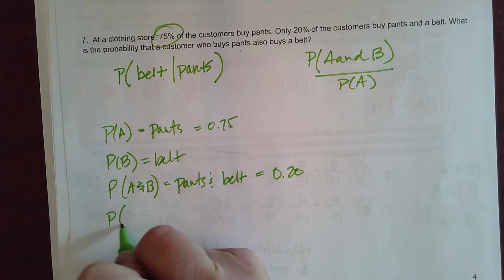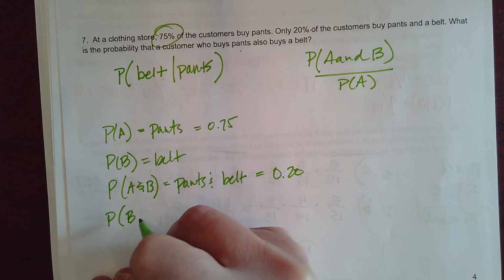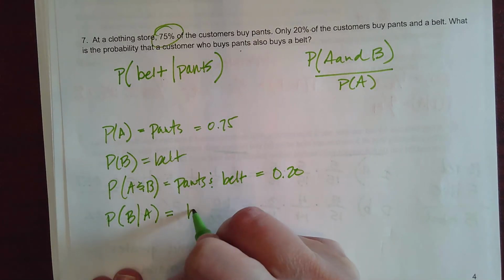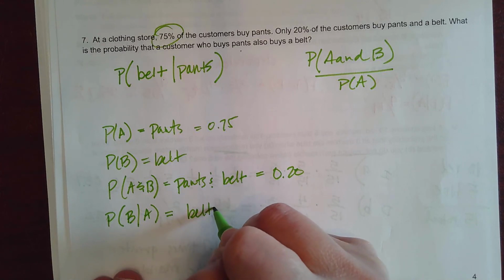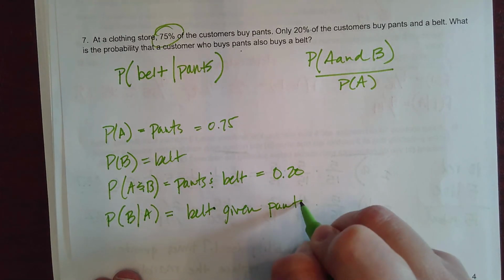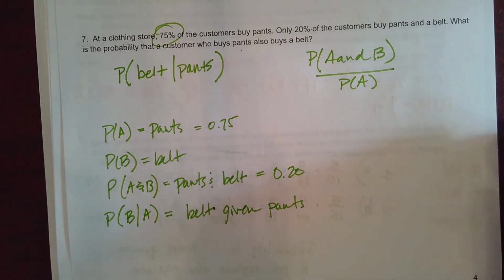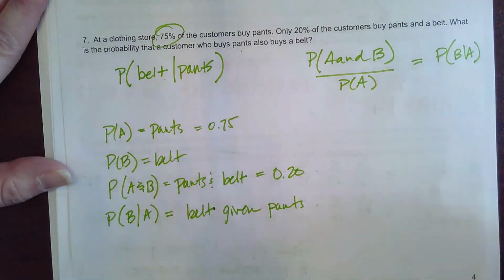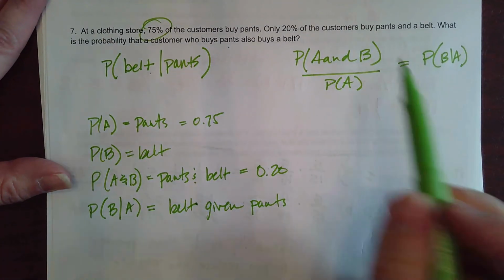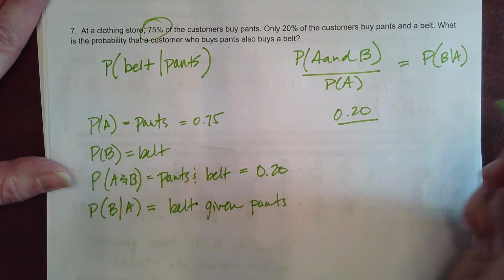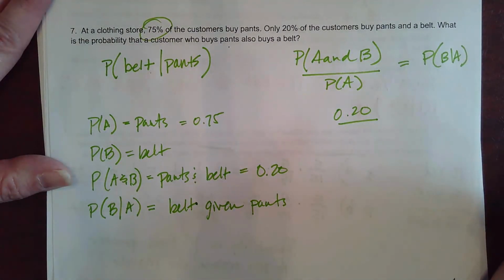We're also trying to find the probability of B given that A has already occurred. In words, that's your probability of getting a belt given that people already bought pants. So our conditional probability looks something like this. We're looking at the probability of both things happening at the same time, 20%, out of the probability that A occurred first, buying pants.